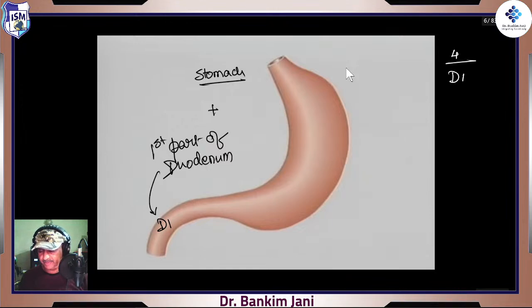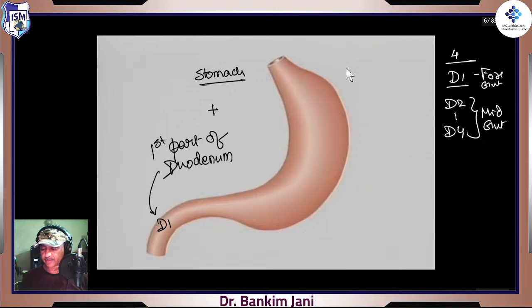So D1 is foregut, and D2 to D4 will be part of midgut. We'll talk about it. But this is foregut, what we are talking. The importance of it is that when we talk about the peritoneal reflections, there are specific peritoneal reflections for the foregut, midgut, and the hindgut. So right now we are focusing on foregut. This is fine, right?